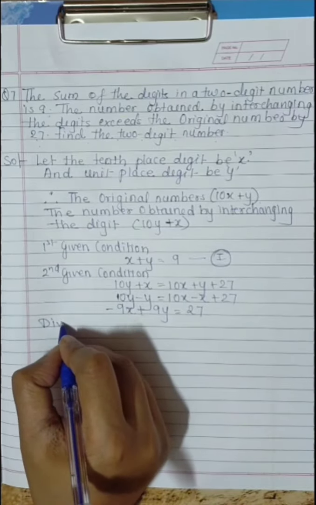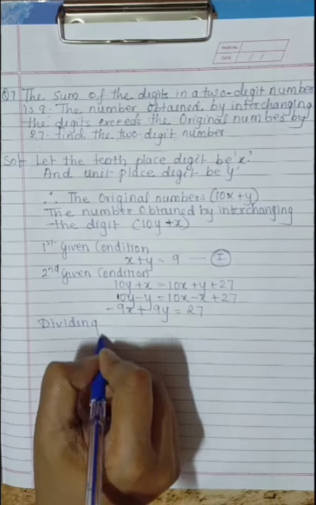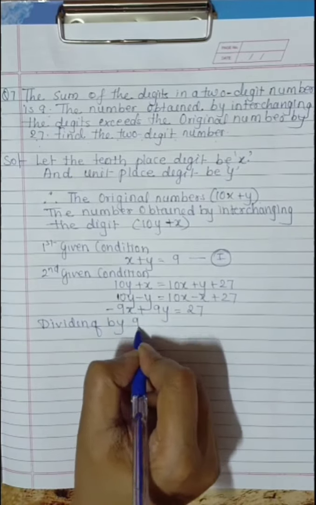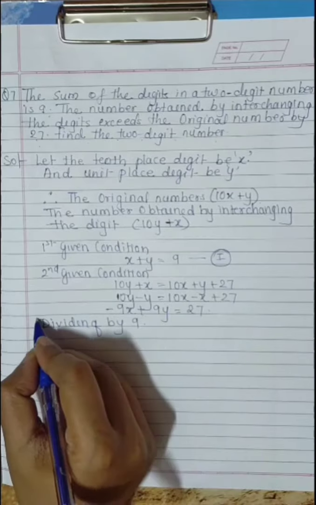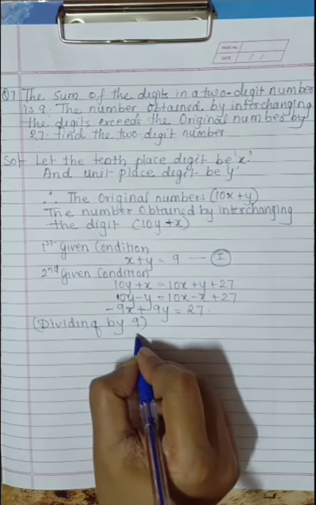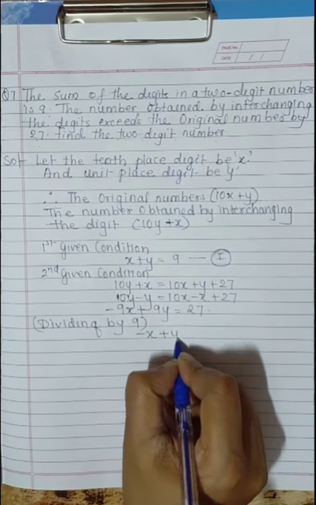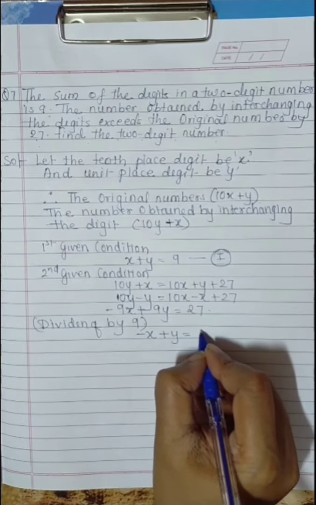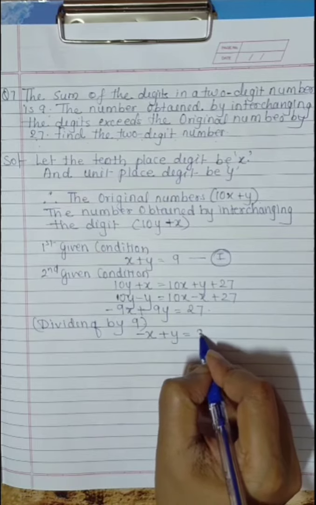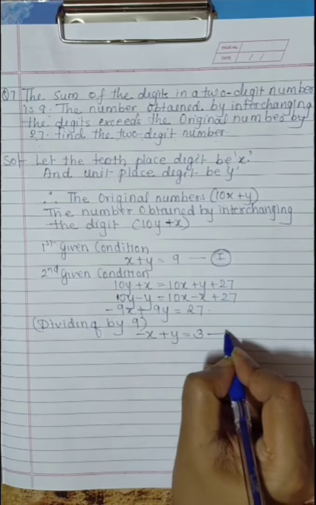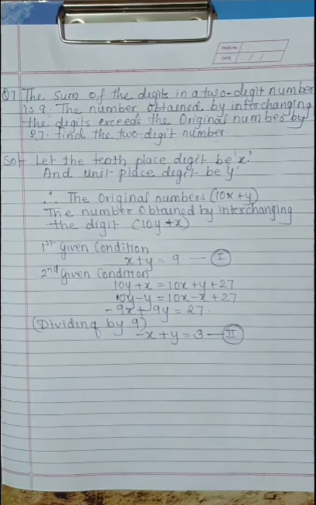So dividing by 9, the answer will be minus x plus y equal to 3. This is our second equation.